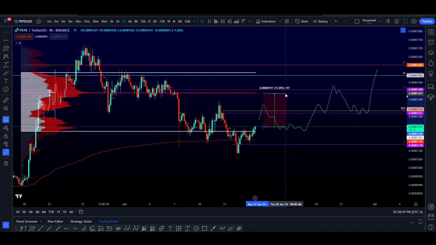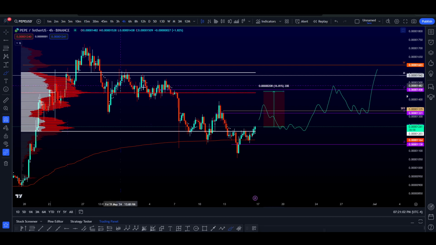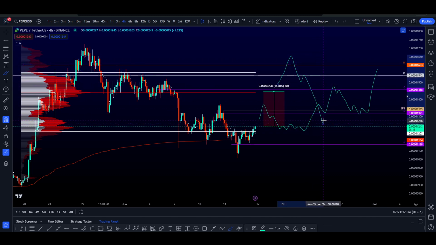So very straightforward analysis. The best places to take a short would be off of a rejection off the point of control, or at least waiting until the monthly level above has been tapped, and we tapped this value area high as well. But to be honest, the best short would be if we were to break through the value area high, monthly level, weekly level, come back in and start to trade back down.